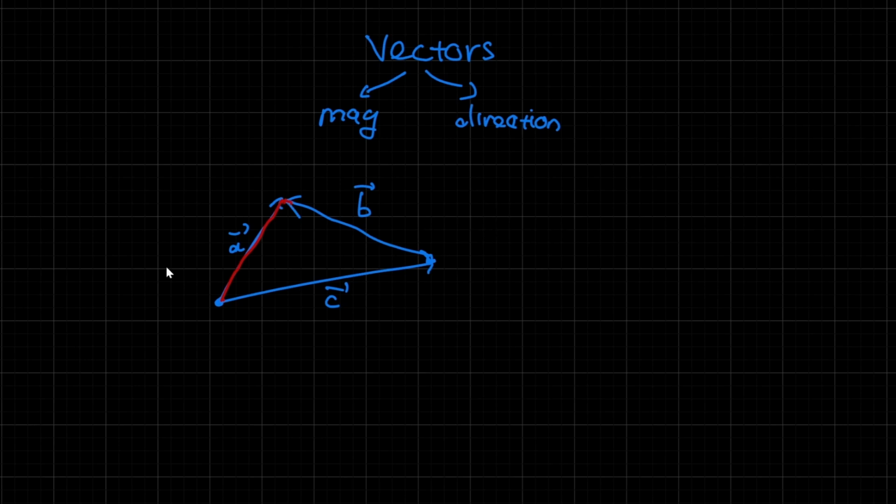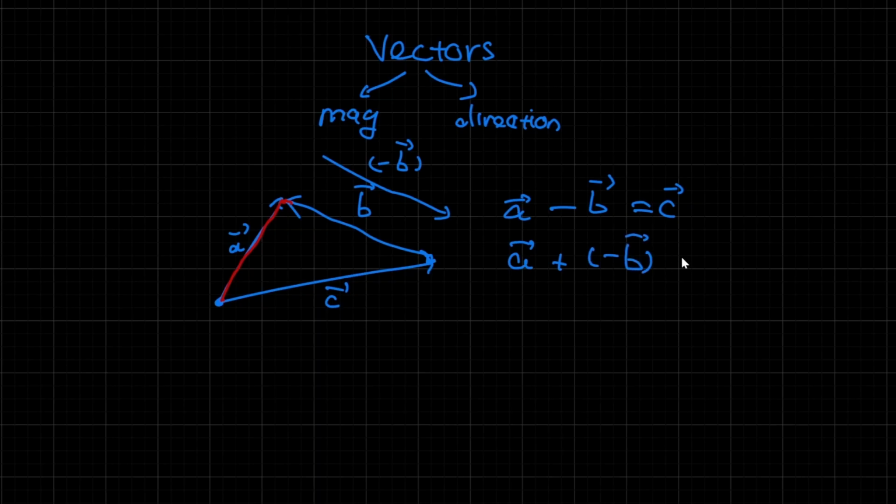So that will make it A minus B equals C. But if you reverse B in this direction, that will make it negative B, right? And so you'll notice that it's still the same addition, but now it's just A plus negative B.